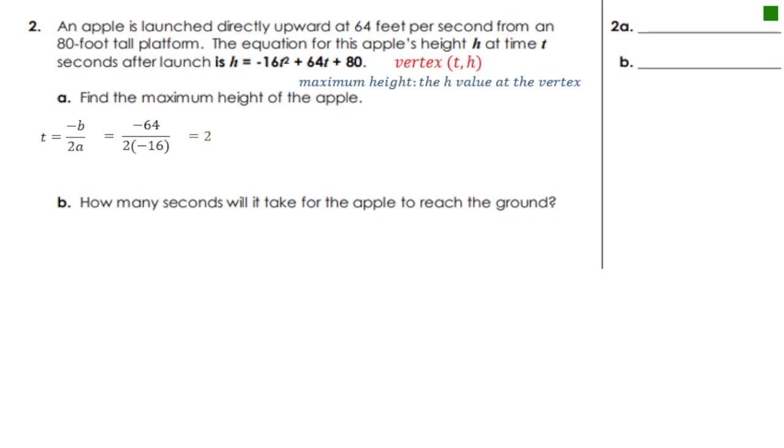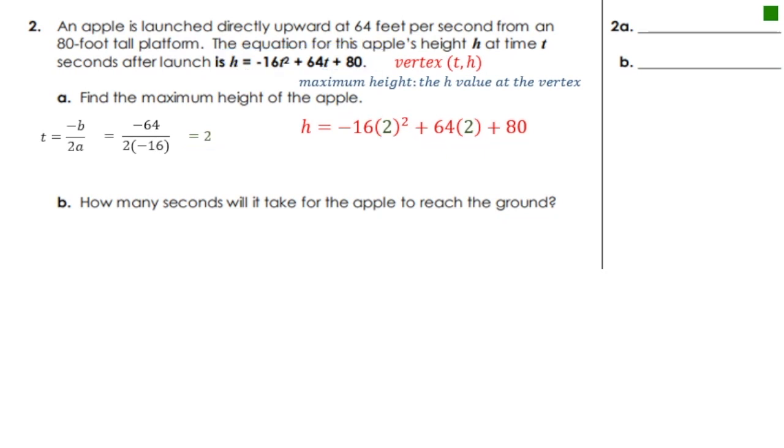Therefore, we will go ahead and plug it into our t. So we're going to get negative 16 times 2 squared plus 64 times 2 plus 80. Hopefully the color code makes it clear that you're just plugging this into the equation given. Then you just solve.